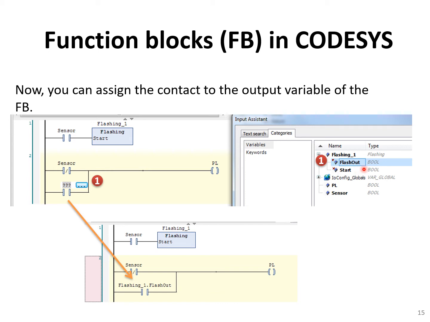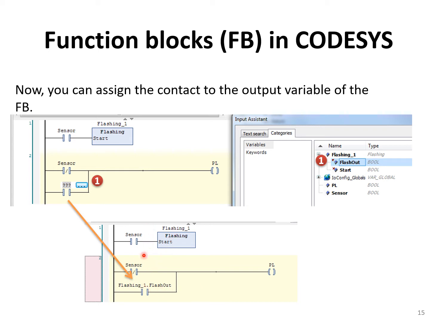So we could have access to this one, as well as the start, and we use the start for the input. So how could we differentiate between the input and output? Start is basically a contact inside the FB and flash out is a coil. So this one is output and this one will be input.